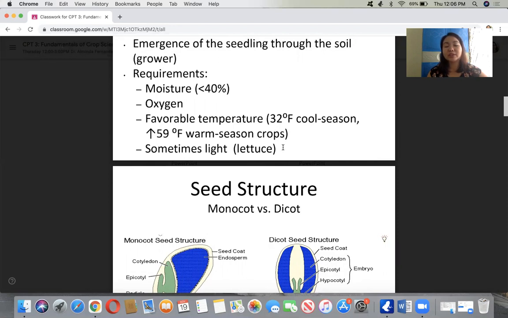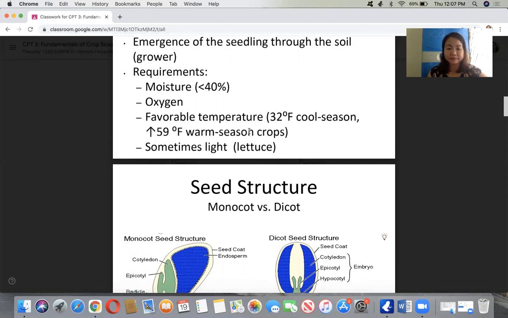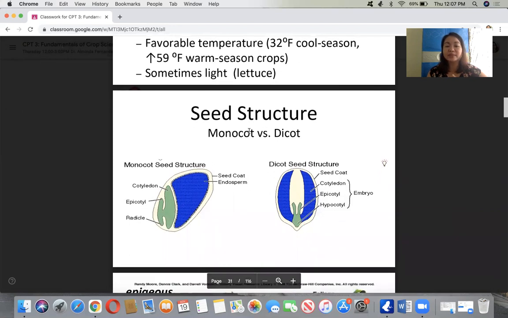Generally, plants don't need light to germinate, but in the case of lettuce, they actually need light to activate the germination process.